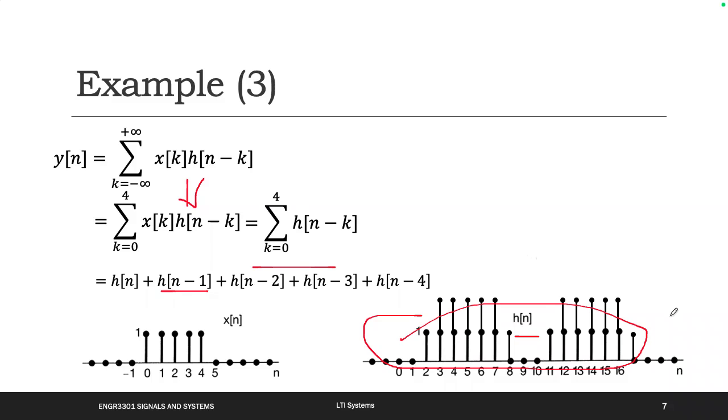Any questions so far? After you shift, your signal will become this one. Because you shift, this is 1 plus 1, so your value here is 2. Does that make sense to you? Then what is hn minus 2?